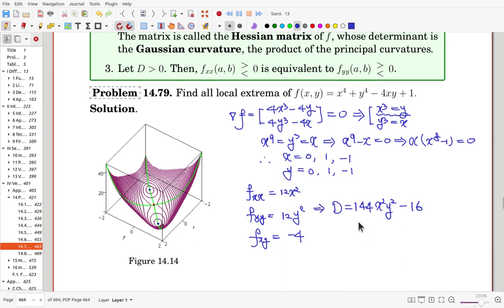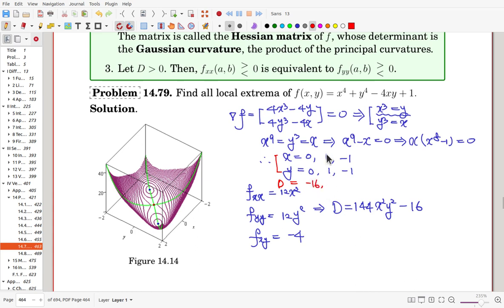Now for the 3 points, we have to decide the sign of this term. This is a function of x and y, so D at the point x is 0, y is 0, must be minus 16.